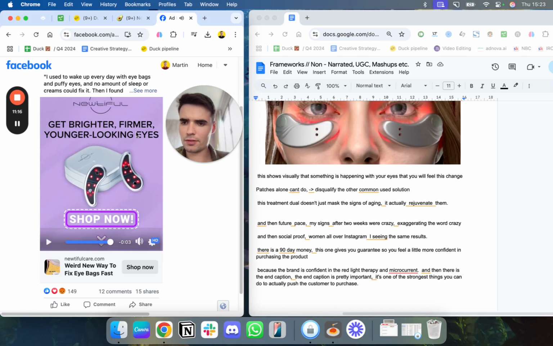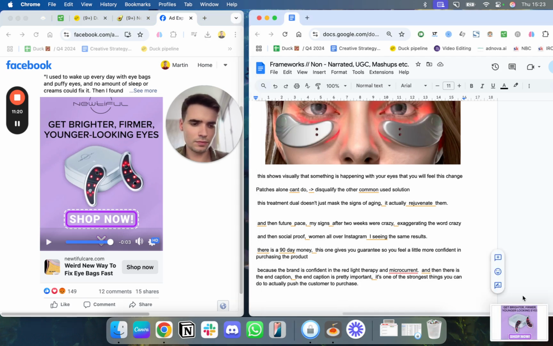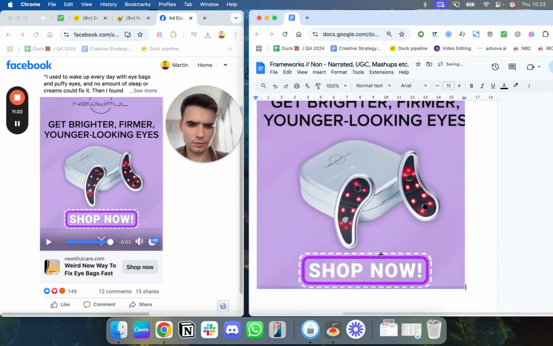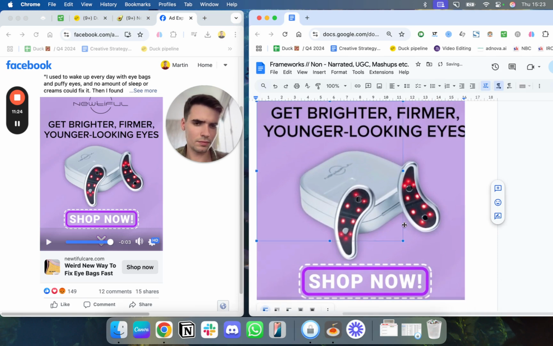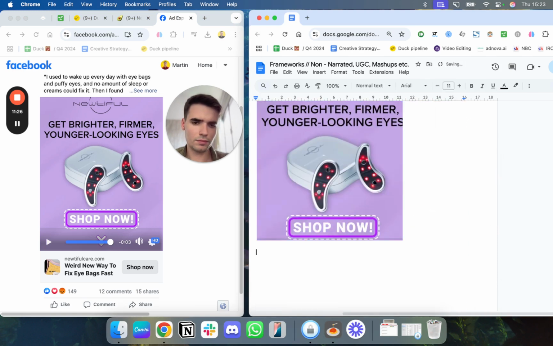Then there is the wish desired state, right? And then afterwards there is this wish desired state saying, get brighter, firmer, younger looking eyes. Shop now.